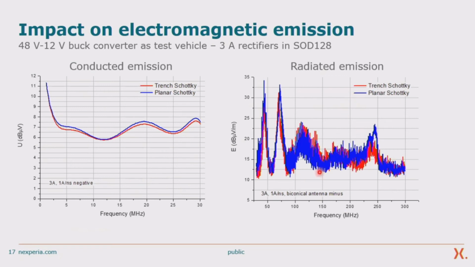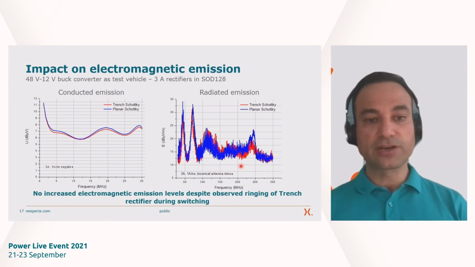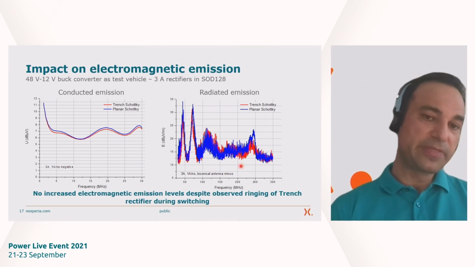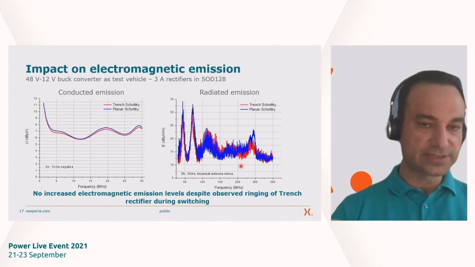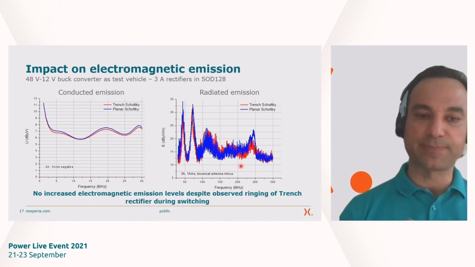And also in terms of radiated emission, we don't have any increase for the trench Schottky device. So that means the big advantage of the trench Schottky in terms of switching does not come with any penalty, for example a higher EMI spectrum.